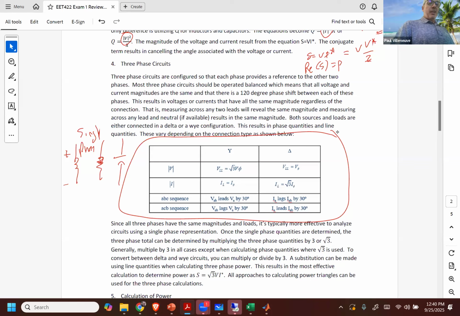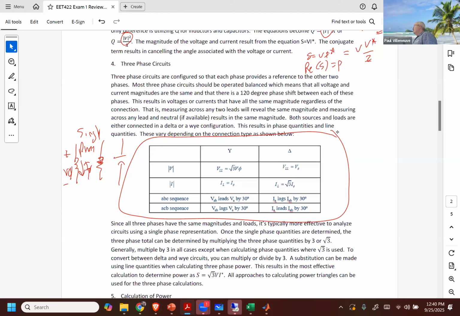So it has to be the phase voltage divided by the phase current to get the actual value. Do not use line quantities. Or if you do use line quantities, you better make sure you know when to multiply or divide by the square root of 3. I just recommend draw a picture and use phase quantities, just like what we did on Tuesday when we did the transformer equivalent circuit.